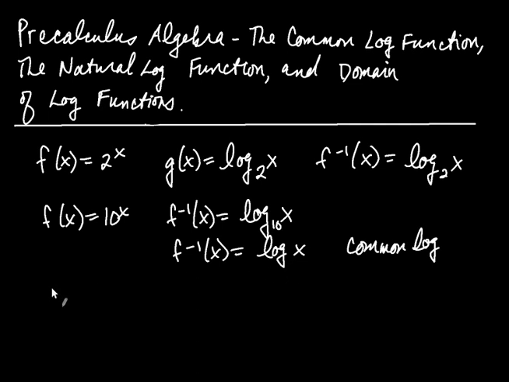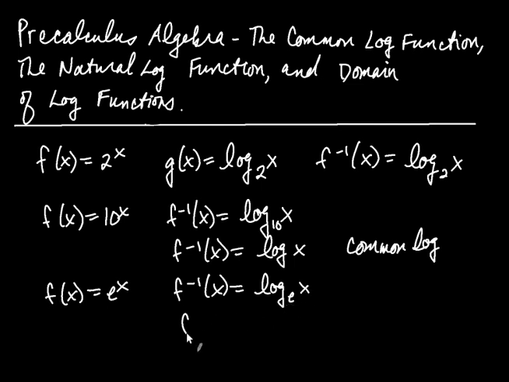And likewise, if you have the function f of x is e to the x, right? This is the natural exponentiation function with the base of e. Remember, e is about 2.71828. The inverse of that function would be log base e of x. Now, nobody writes this.